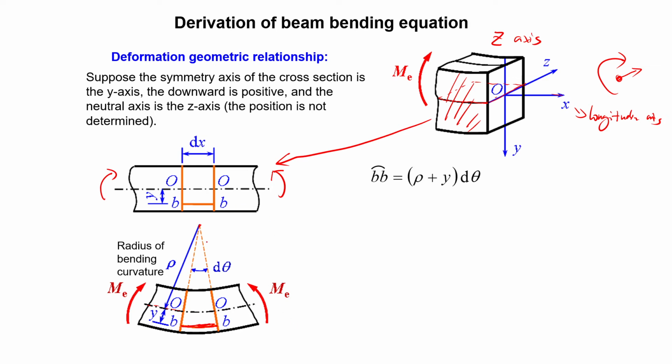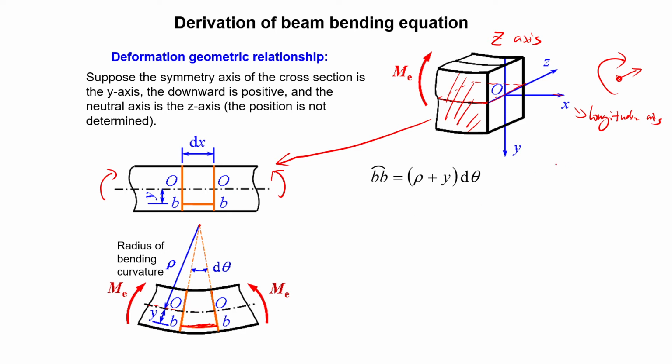Now we want to ask the question: what happens to BB? It changes from a straight line to a curved line. From the geometric relationship, the arc length is equal to the radius, rho plus y, times theta, where theta is the angle between these two original straight lines.